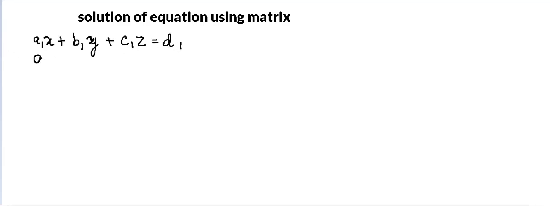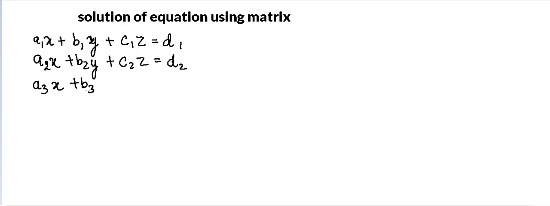Second be a2x plus b2y plus c2z is equal to d2. Similarly, a3x plus b3y plus c3z is equal to d3.